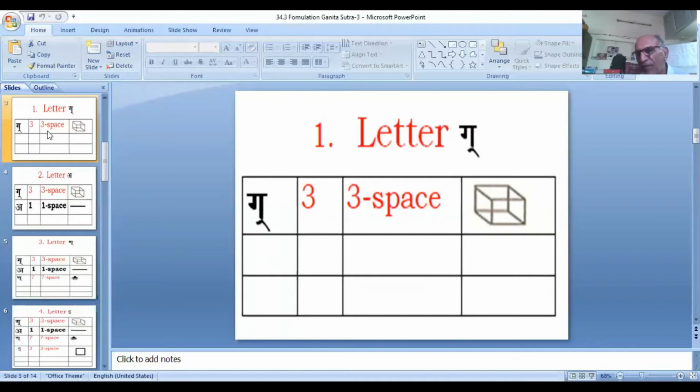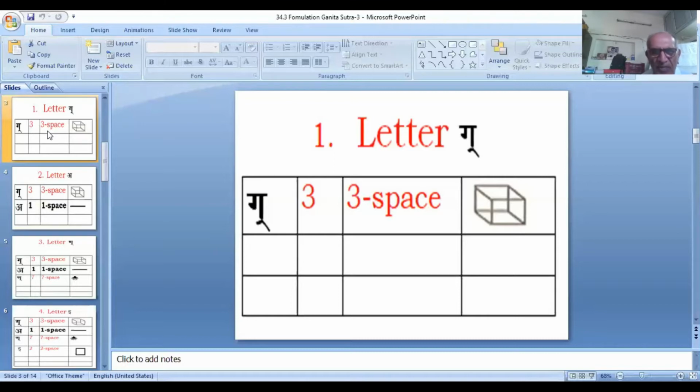Therefore, the sadhakas fulfilled with intensity efforts to be parallel with format features of the Formulation Ganita Sutra shall be consciously face to face with it, being having initiation of a domain fold in the context of 3 space content.